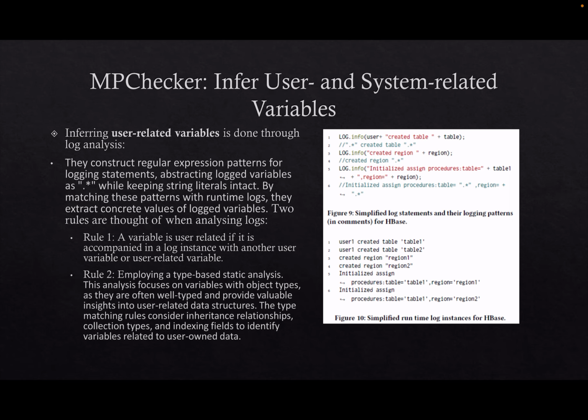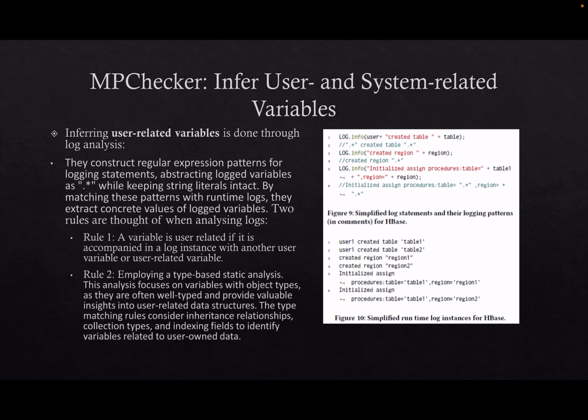For instance, the log pattern "creates the same table" matches with the log instance "user1 created table1". As a result, the runtime values of the logged variables user and table are extracted as user1 and table1 respectively. So in the example of figure 10, variables table and user appear in the same log instance, hence table is a user-related variable.